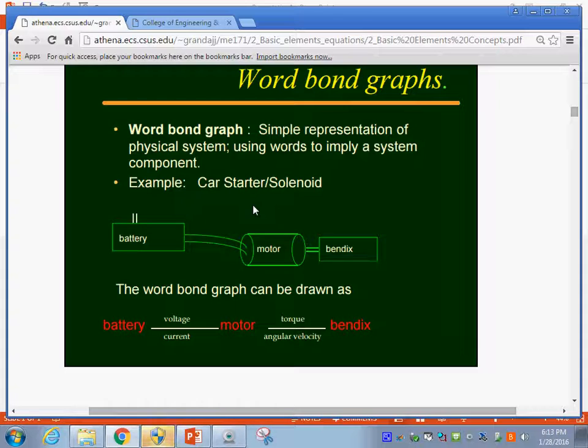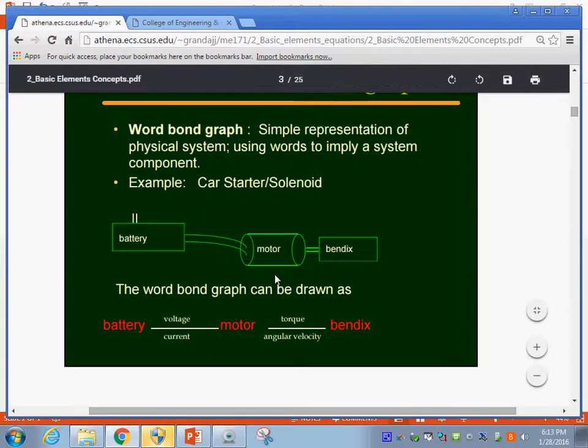And the author of the textbook in your class, Professor Karnopp, came up with this idea that we can use words instead of the technical elements, just to make it easier. So if I had my way to change the word bond graphs, I would change it to connection graphs, even easier. You have the battery, and then you have a motor, and then you have the gear, the Bendix.